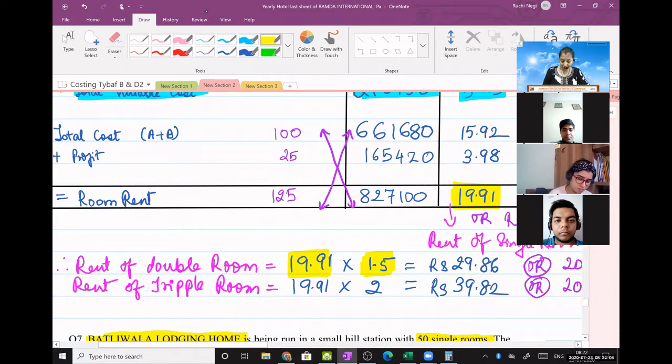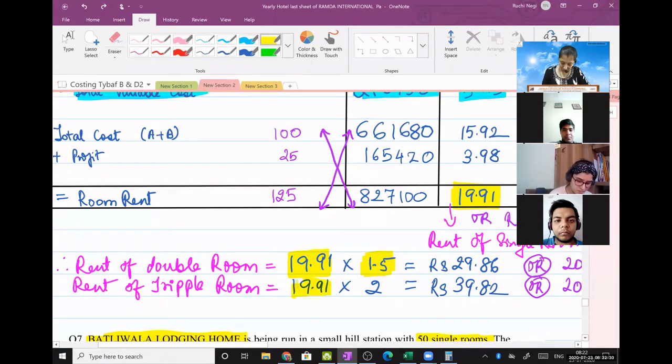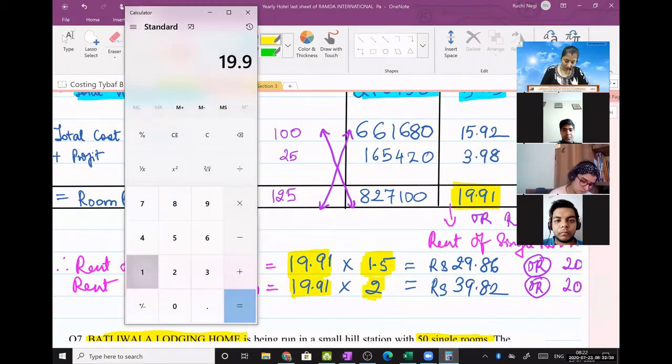Next, rent of triple room, they have said it is twice of the double room. I mean twice of the single room, sorry, not double room. So 19.91 multiplied by 2 is 39.82.